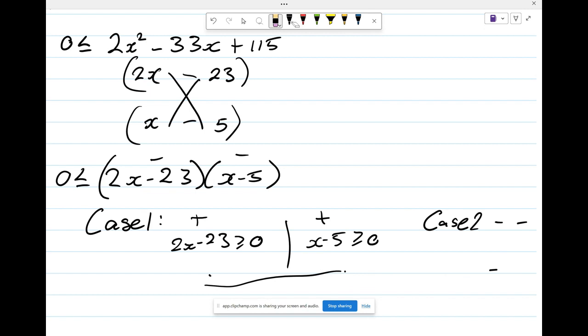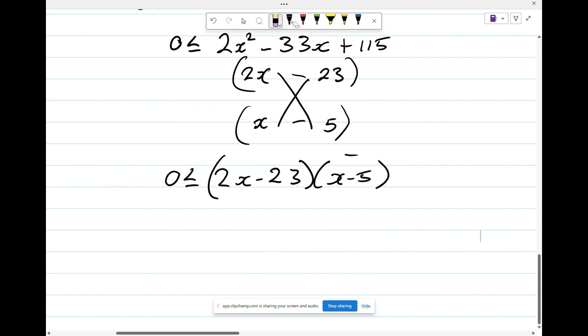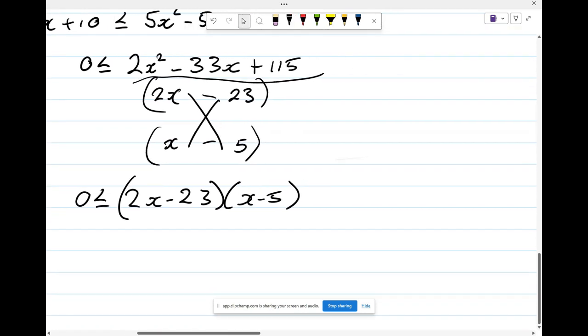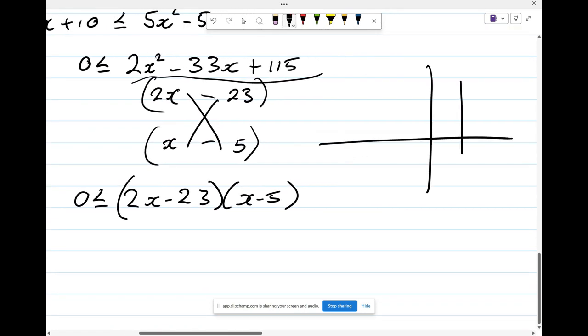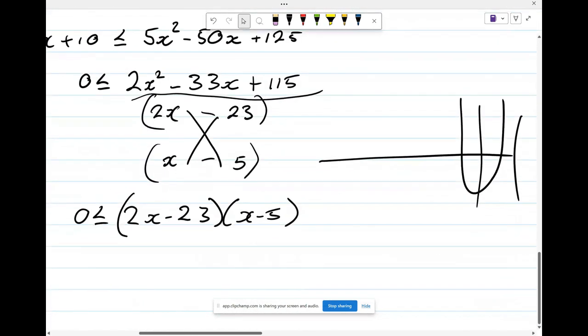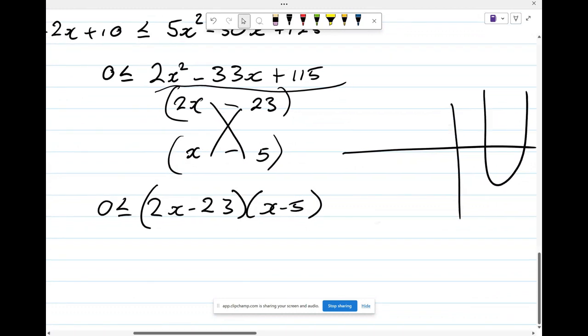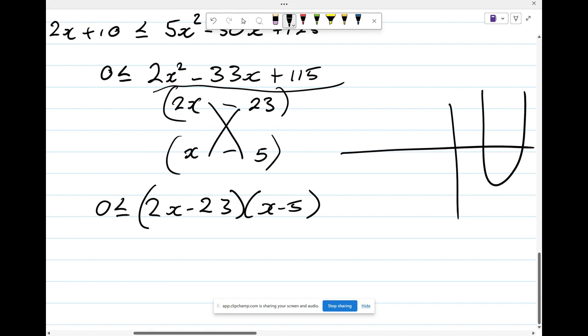A quicker way that I told you to do, and which is useful in this case, is that if we draw out our quadratic, so we know this is the quadratic up here, we know it's going to look something like this because it's going to be positive. I'm not sure yet where the x-axis is going to be, but that's okay. Let's just leave it here, say. Where does the quadratic cross the x-axis?